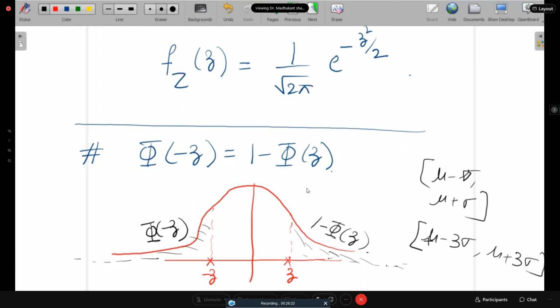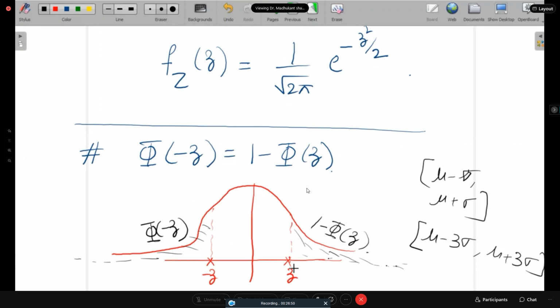Here mu is 0 and sigma is 1. So minus 1 to 1 covers about 68 to 90%, minus 2 to 2 goes to about 95%, and minus 3 to 3 is almost 97% or more, as you will see in the standard normal table itself. The area after that is almost negligible.